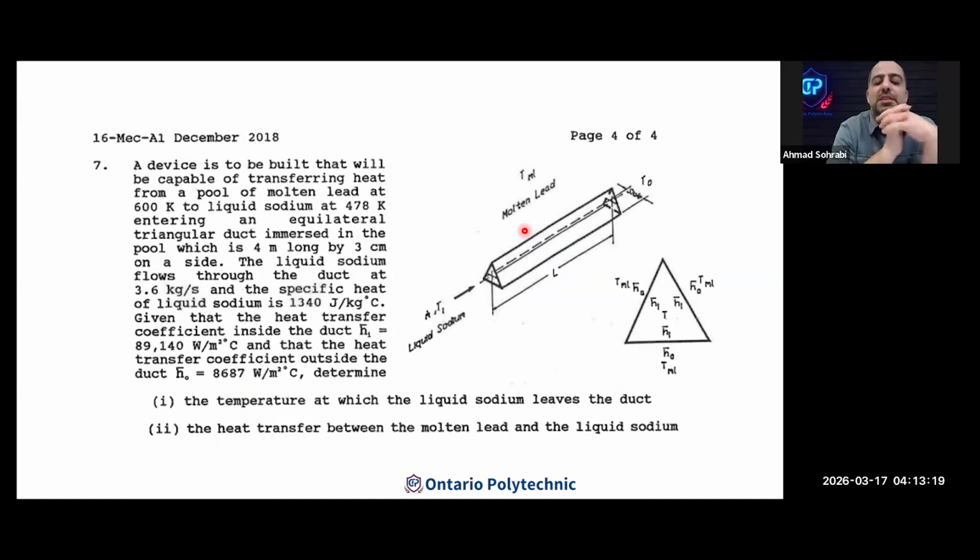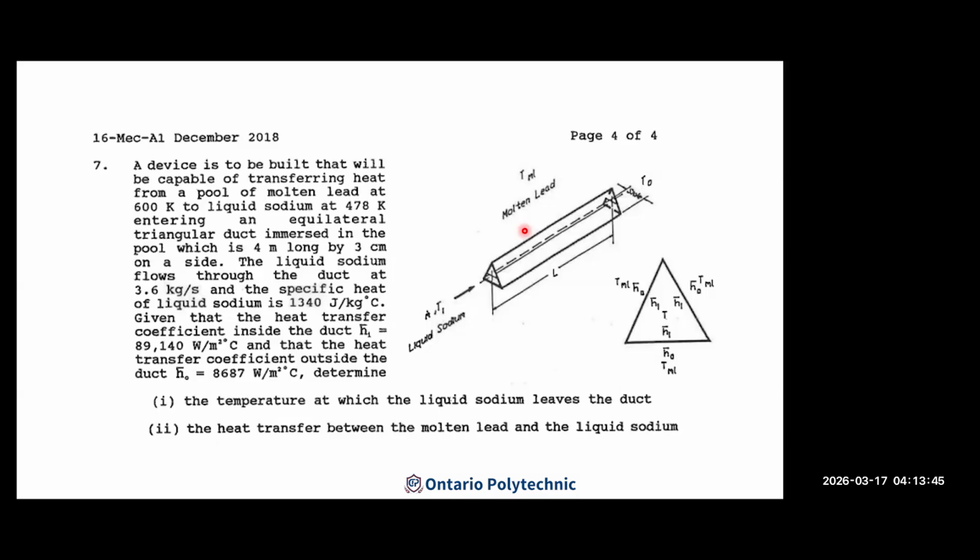It means the surface of this duct is in contact with the molten lead and always at a constant temperature, and it's given as 600. So from these data, you can understand this is a constant surface temperature case.